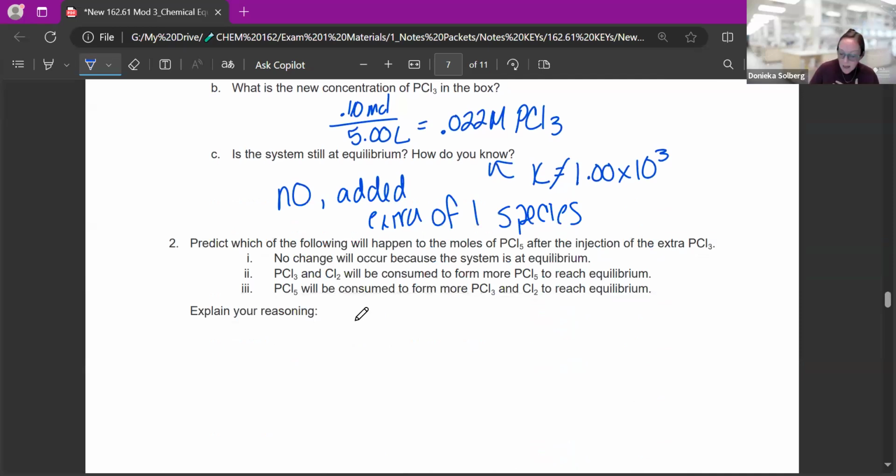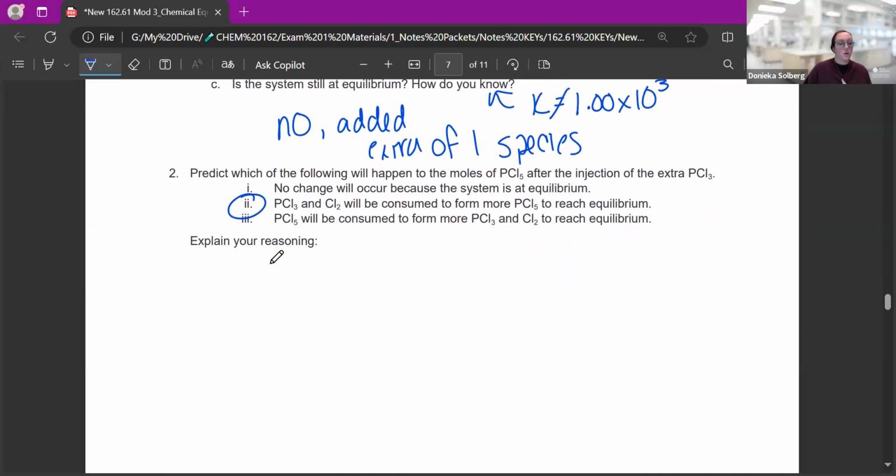So what's really going to happen is number 2: PCl3 and Cl2 will now be consumed to form more PCl5 to reach equilibrium. Explaining your reasoning, I could say in words, you added in reactant, right? I added in stuff that is more on the left side, so it's going to have to react and make some on the right to even back out.